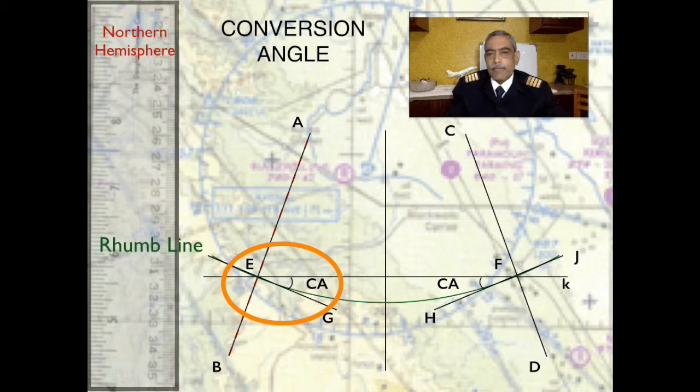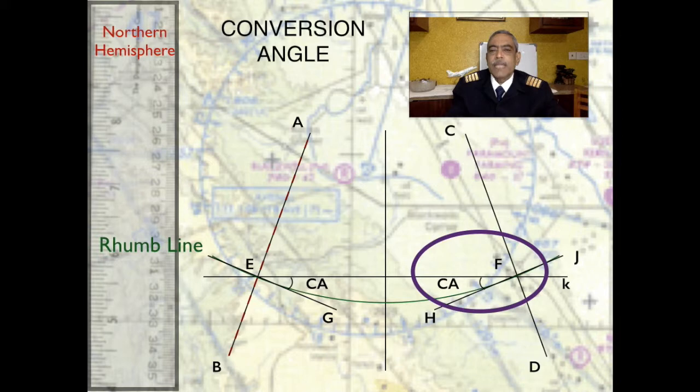Similarly, at the point F, the angle EFH will be the conversion angle, since once again a tangent has been drawn at the point F along the Rhumb line track. So that works out to be the conversion angle.